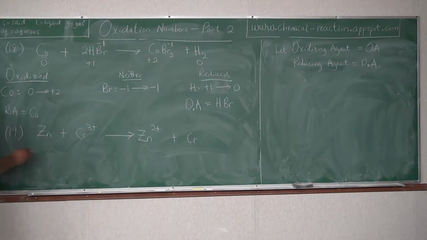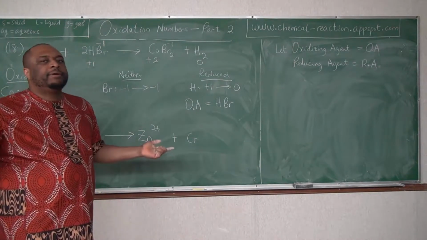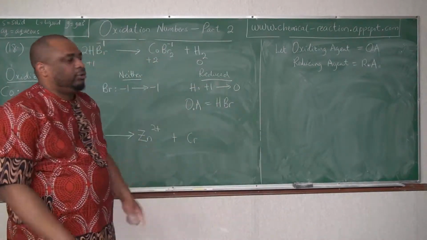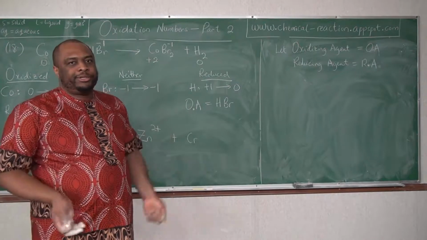So we're not talking about balancing for now. This is not balanced at all. Okay, it's a redox reaction. A redox reaction is any reaction in which you have oxidation and reduction. What we are doing now are redox reactions.